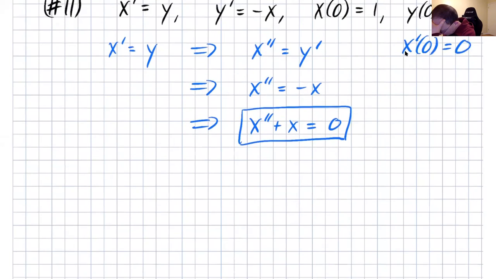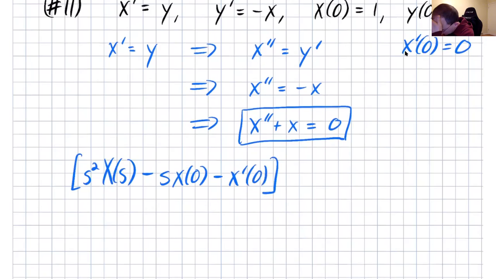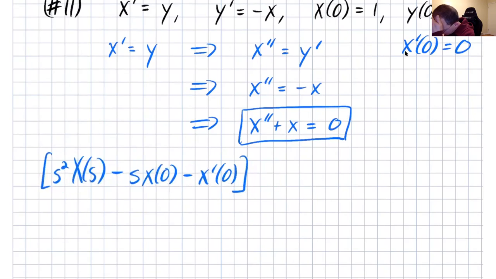Okay, so let's use Laplace transforms. So now we have s squared x of s minus s x of 0 minus x prime of 0. So that's the Laplace transform of x double prime. And then plus x of s, and the Laplace transform of 0 is 0.